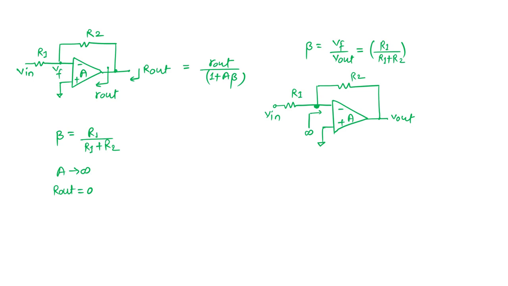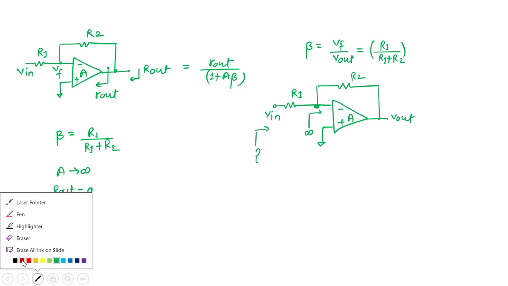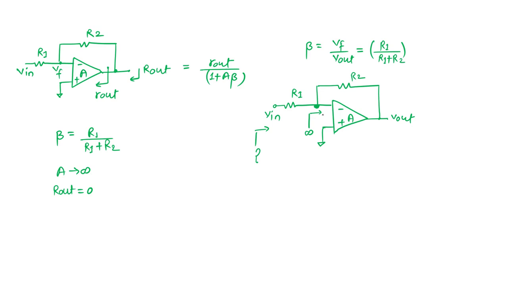When we see the impedance from here, what exactly will happen? Because the amplifier is ideal, this node is virtually short. For the ideal amplifier this node is virtually short, so Vx is 0 for an ideal amp.